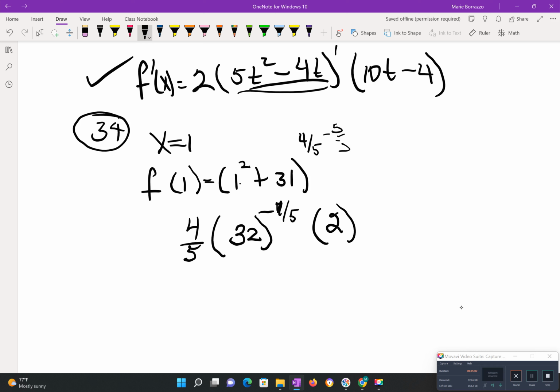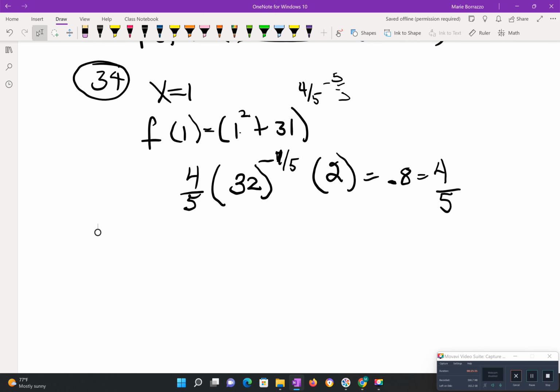So 4 divided by 5 times 2 times 32 raised to the negative 1/5 is 0.8. 0.8 translates right back as a fraction to 4/5. Okay, so we have now the slope.